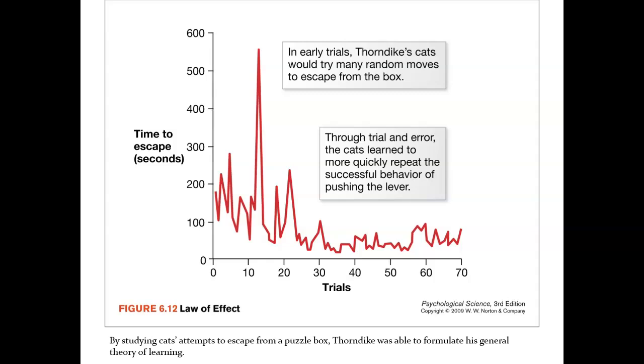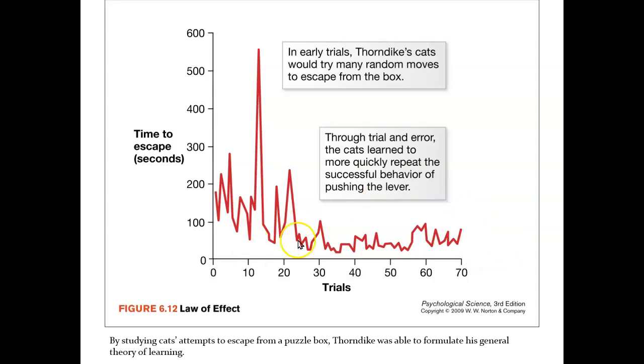The cat would be put in the puzzle box and it would have to at first accidentally discover how to open the box. But because we do see that the cat, after many, many trials, was getting out of the box more quickly over time, the averages decreased.